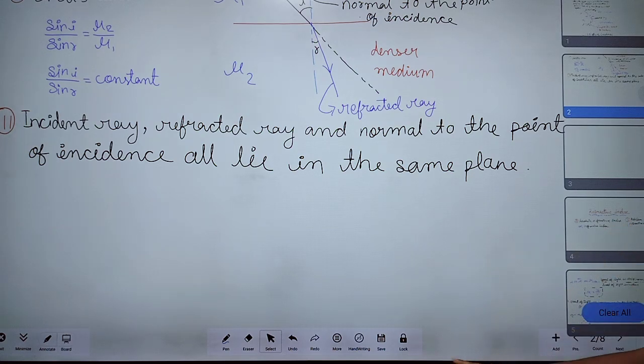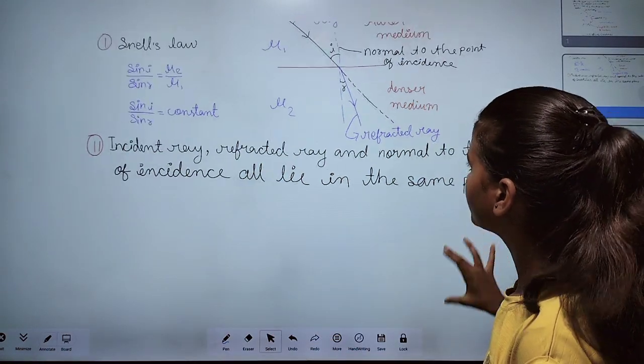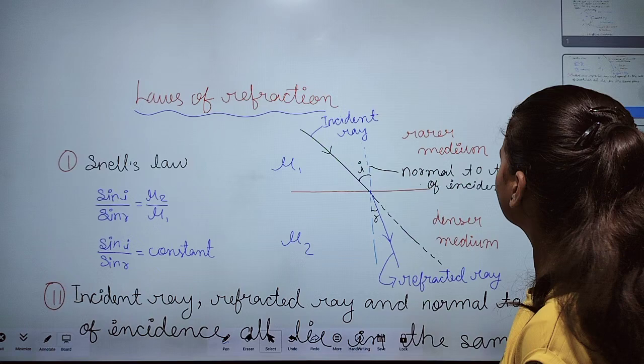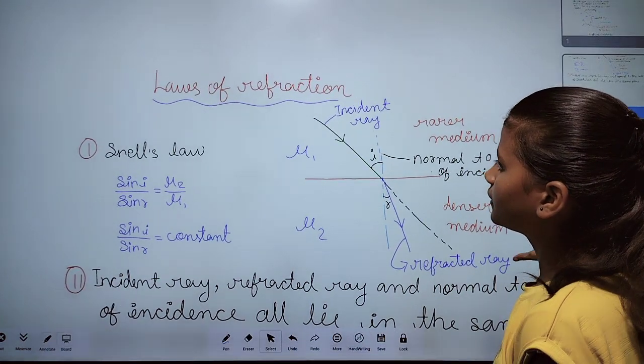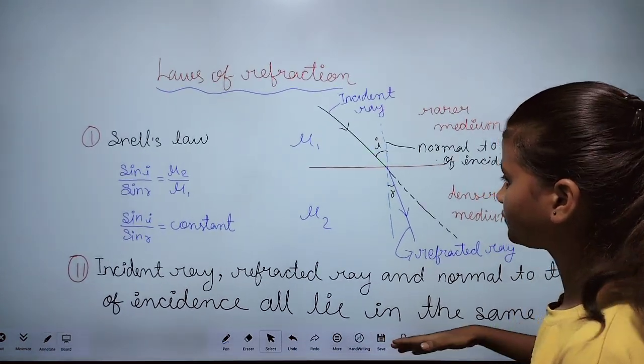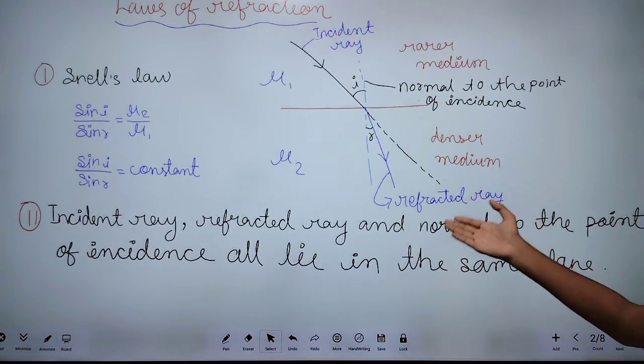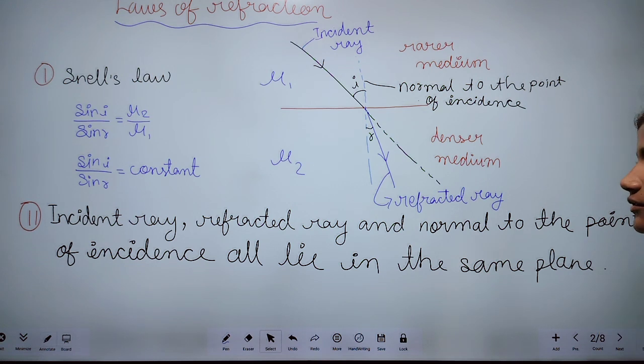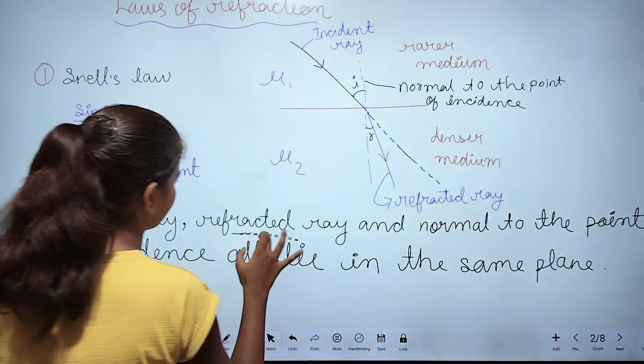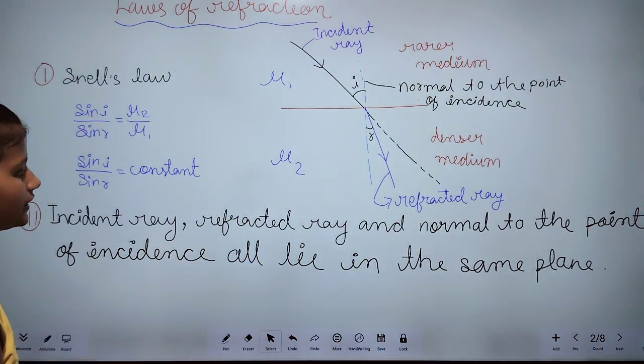After that, we saw refractive index, laws of refraction, and Snell's law. This second point is similar to reflection, that is the incident ray, but this one is changed, it is the refracted ray.